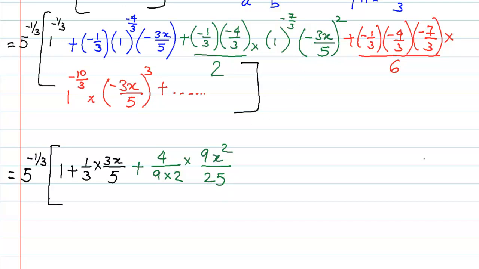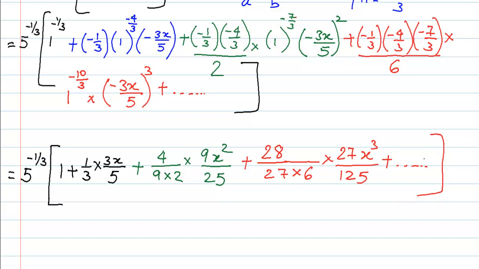Now we'll write the next term, plus 1 4s is 4, 4 7s is 28, upon 3 3s are 9, 9 3s is 27, into the same denominator 6, into 1 raised to anything is the same thing, so we'll ignore that. Ignore the negative sign also. 3 cube is 27. x cube is x cube. 5 cube is 125. And so on. Plus, we'll put the dots, close the bracket.